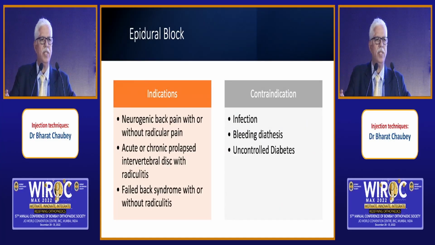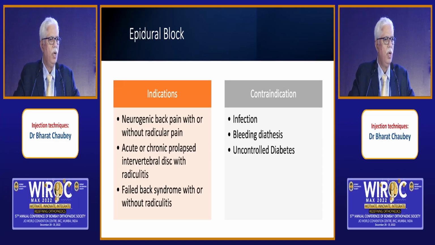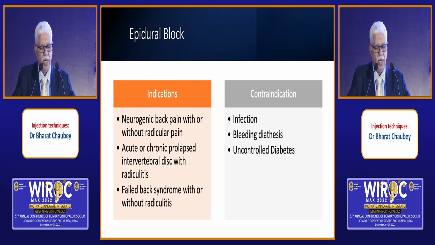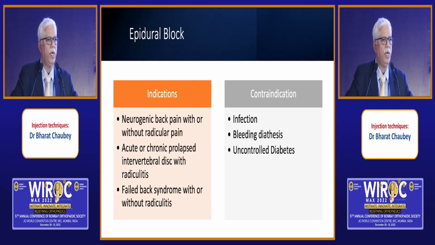Majority of us consider that whenever there is a back pain, it is a mechanical issue. It need not be. Neurogenic back pain is also a very valid entity, and in many of the compressive etiologies, the person gets the back pain because of nerve compression.